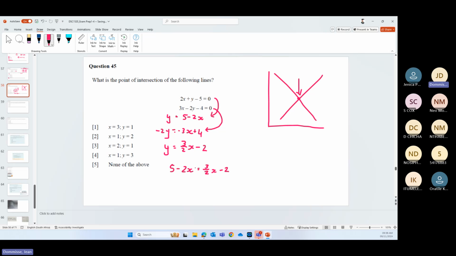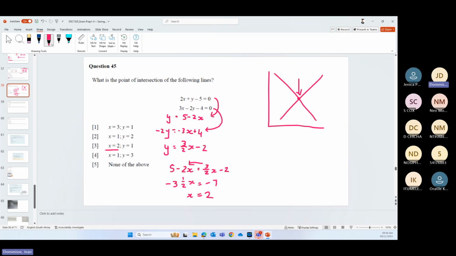So we can say that the (3/2)x goes over to this side. On this side we now have -3 and a half x. On the other side we've got -7. Okay, so that actually works out very nicely that x is equal to 2.